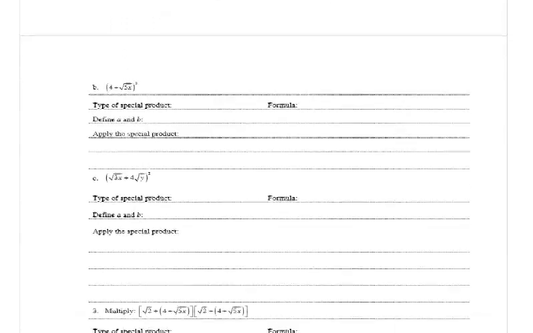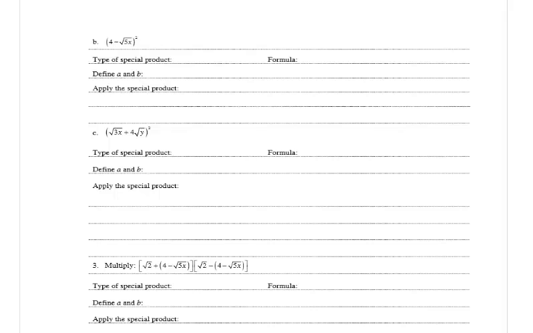In B, we have 4 minus the square root of 5x all squared, and it wants us to state the type of special product, and this is a perfect square trinomial, or PST, and the formula is a minus b squared is equal to a squared minus 2ab plus b squared.